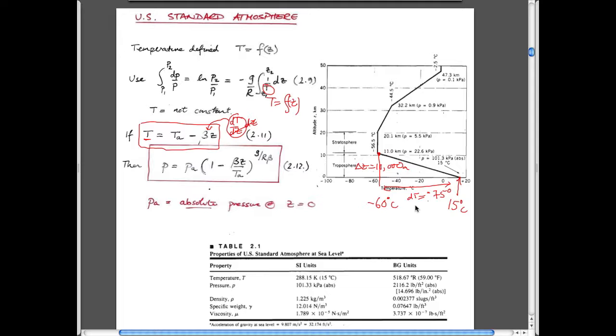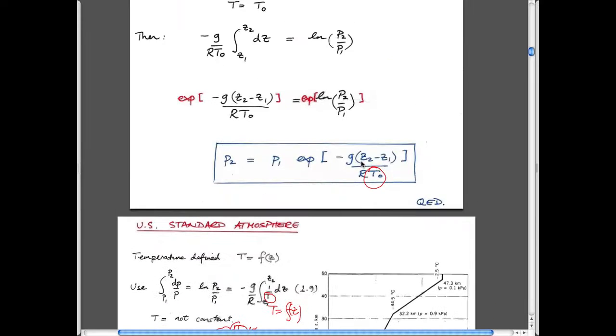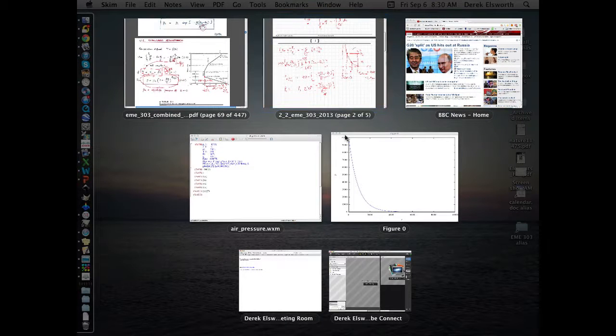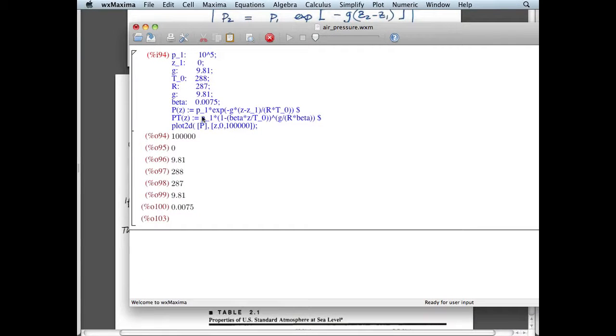I haven't calculated this, but you'll notice the temperature changes around as you go up, which is kind of curious. I have no idea why that is, so don't ask me. But they do. So you can calculate the behavior at least to 10,000 meters by substituting this into this expression, doing the integration, and you get this expression here. Slightly different.